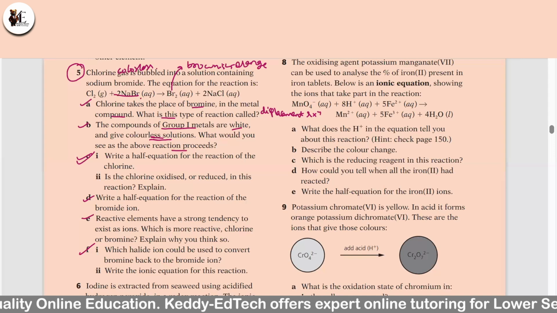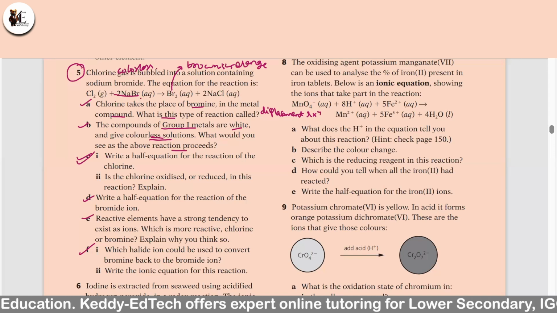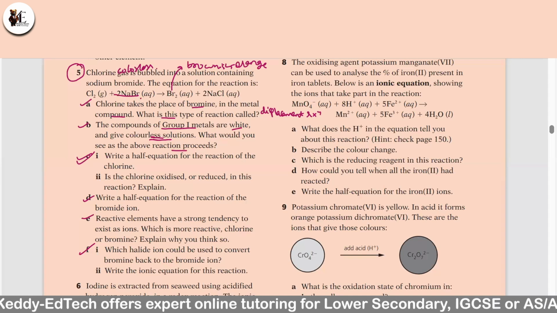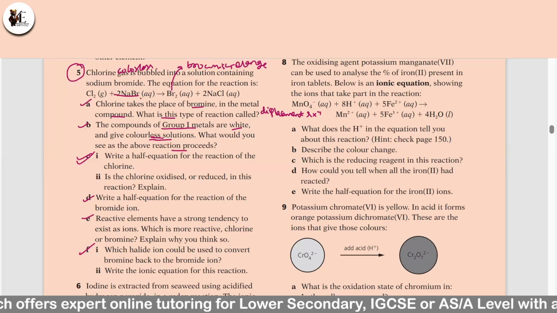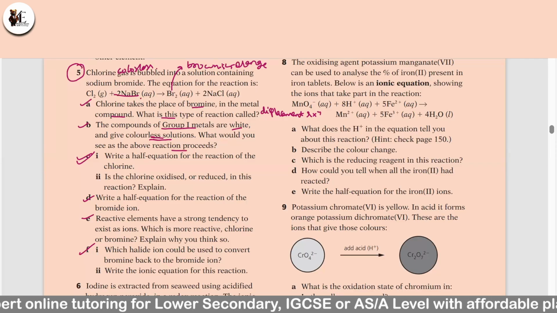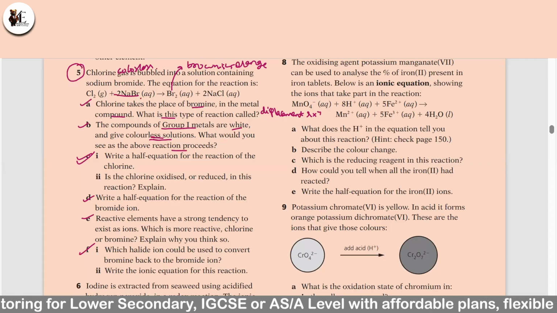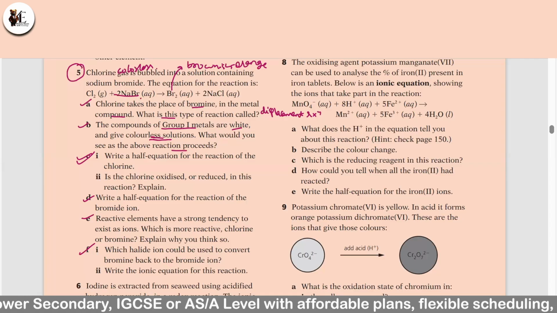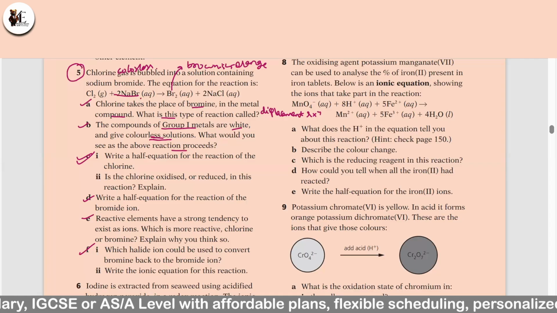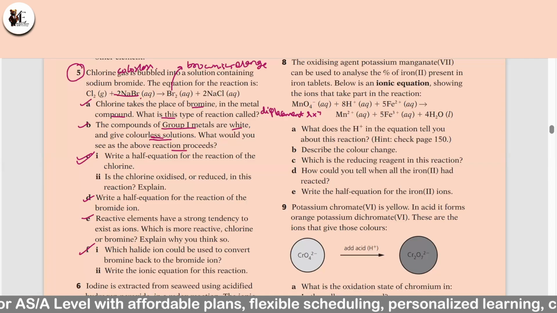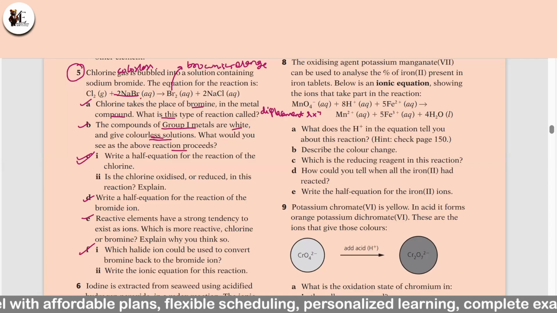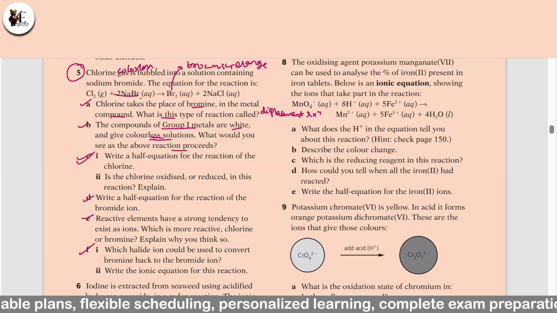Write a half equation for the reaction of chlorine. I said it's Cl minus aqueous, Na plus aqueous to form NaCl aqueous. Don't involve Na here because you have to write a half equation.